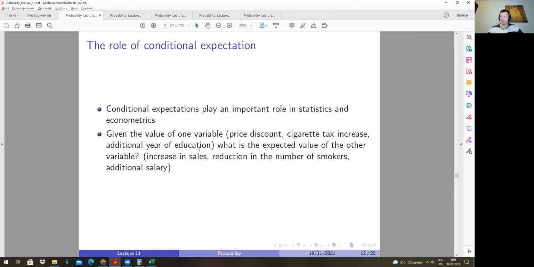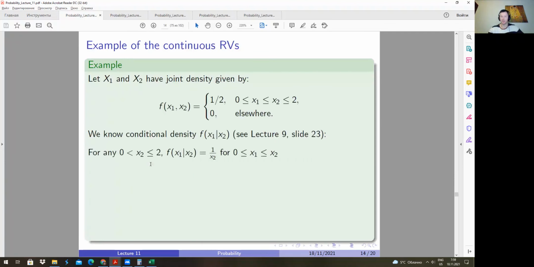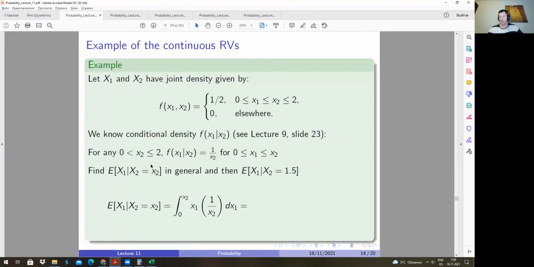Tell me the number of years of education that the person has and I will tell you what is the average salary of this person. Of course, we are talking about expectations, and these expectations are the characteristics of random variables. Of course, you are never able to say the precise value of this variable, but rather some, let's say, measure of central tendency. Questions about the expected values?